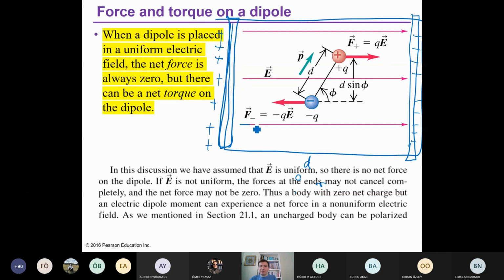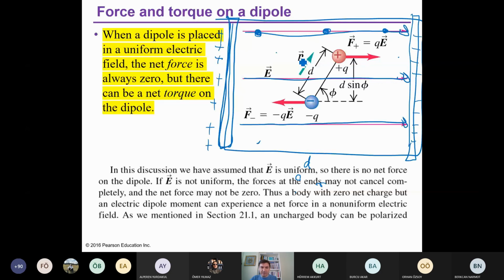This information is important. If you can produce good parallel plates, you can get a uniform electric field. So the magnitude and direction of the electric field is the same here and also here. In every part of the system within these parallel plates, the electric field is the same in terms of magnitude and direction. I hope this is clear.